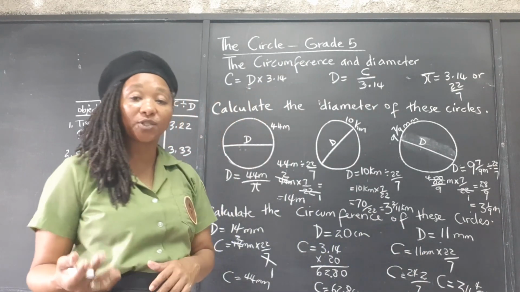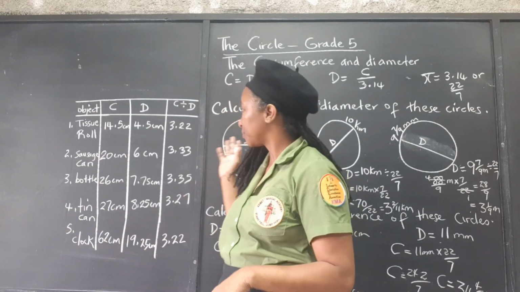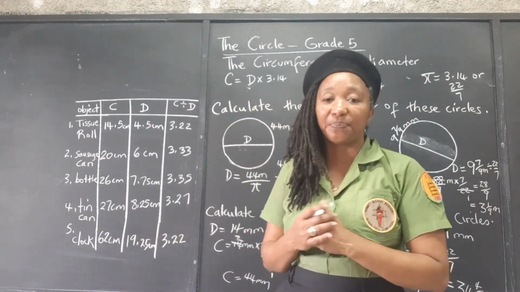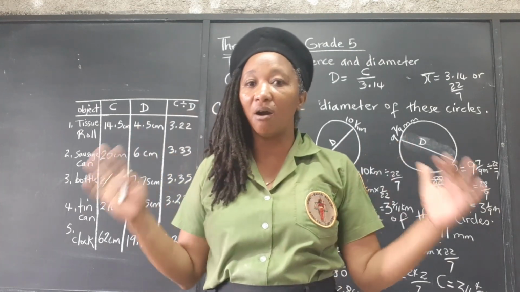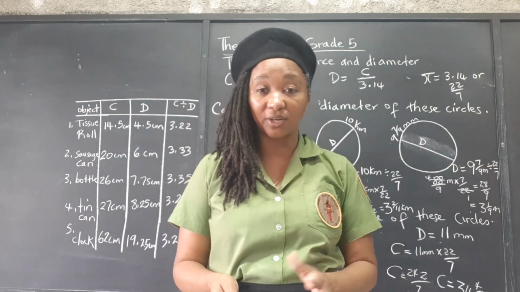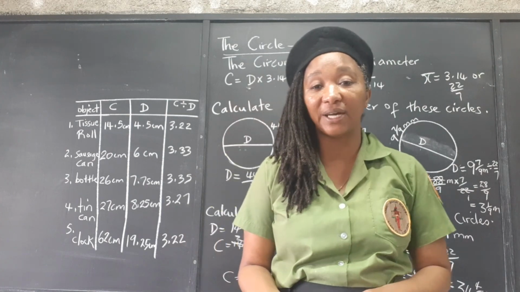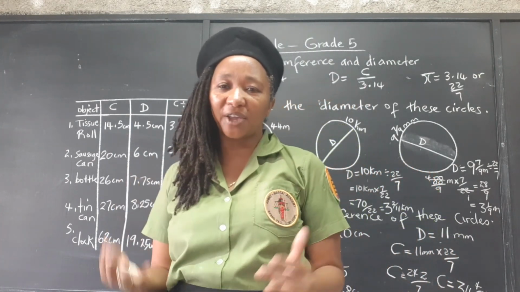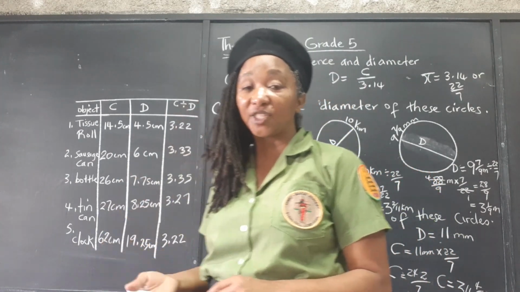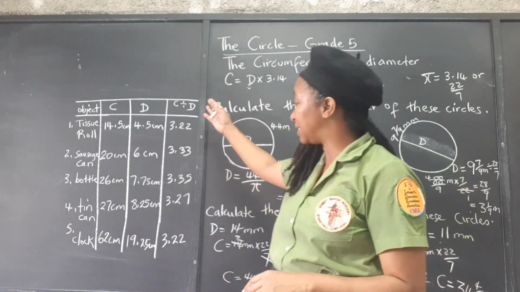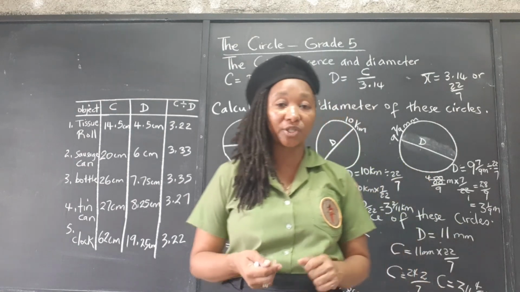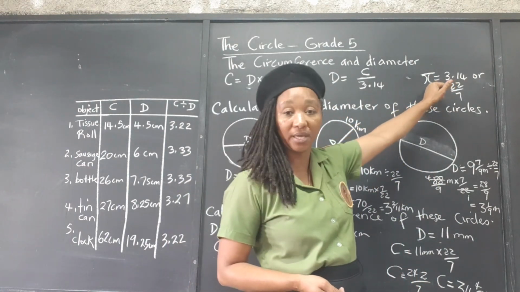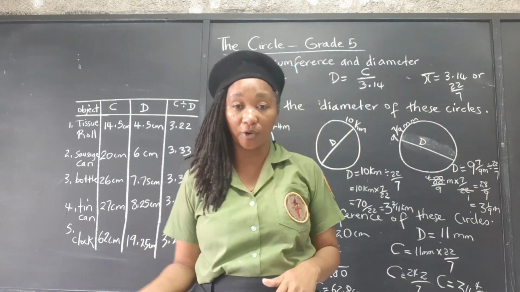Alright, so we have realized that there is a special relationship between the diameter and the circumference of all circles, any circle, and you can do this for yourself at home. Try and get it as accurate as you can. Divide the circumference by the diameter and you will see a pattern. The more accurate you are with the measurements, the closer it will be to 3.14.